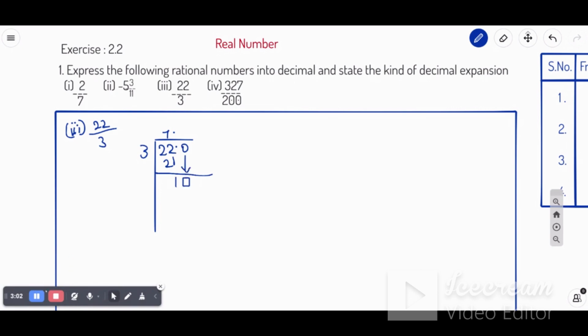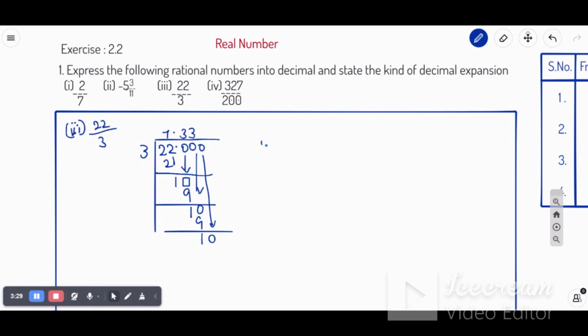So start dividing again, then it will be 7.3, right? 3 3s are 9. And then if you could see, yeah, now it started repeating. Anyways, let us check for 2 more digits. You could put down 0, 3 3s are 9 again. And if you put 1 more 0 also, it's getting repeated. So we can stop here.